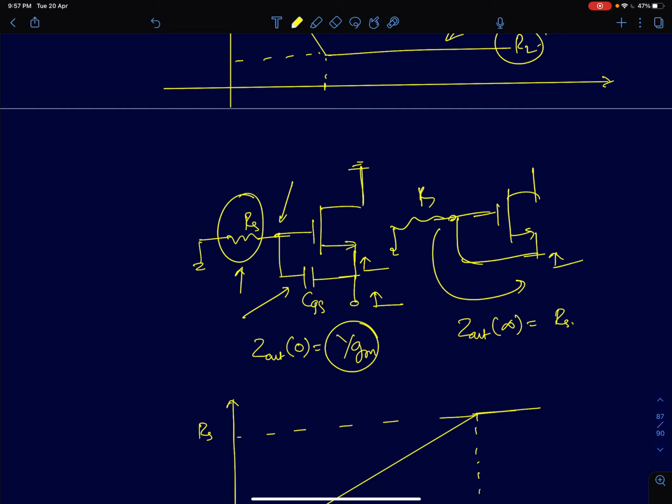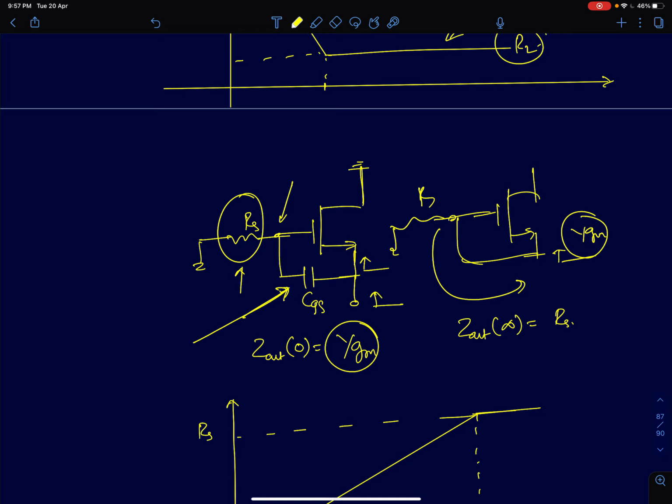So it looks like the amplifier is getting bypassed. The whole goal of putting this amplifier in between the load and source is that this amplifier is going to transform this impedance and offer me an impedance of 1 by Gm which is independent of RS. That's what we wanted this amplifier to do. But now what we are seeing at infinite frequencies, because of these parasitic capacitors, is that it's losing its ability as an impedance transformer.